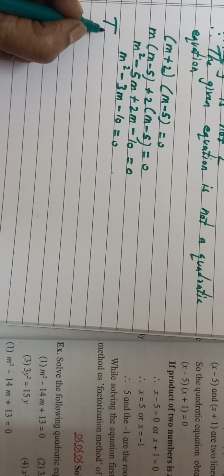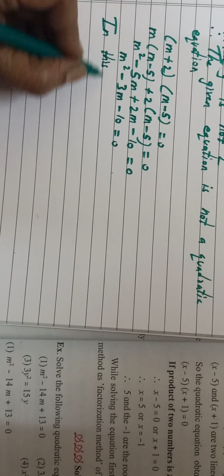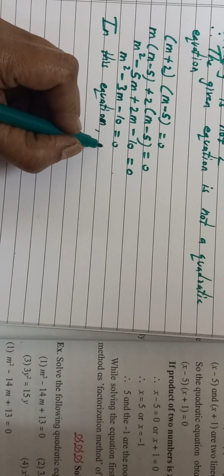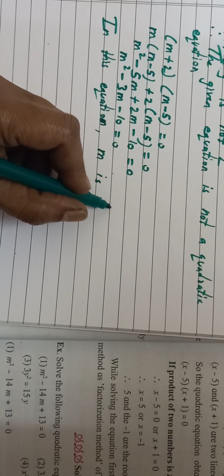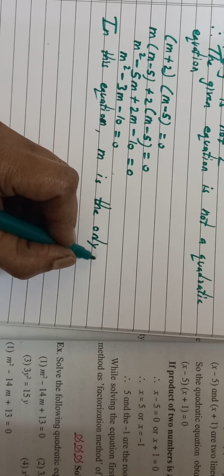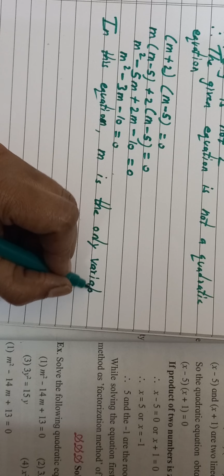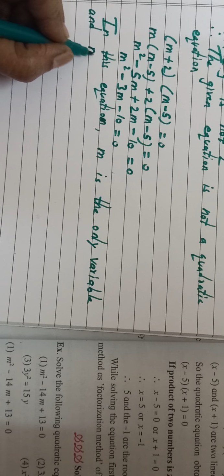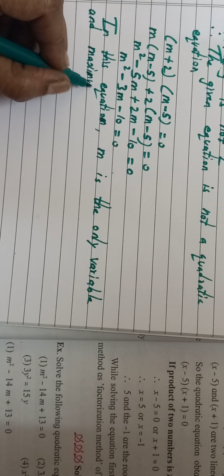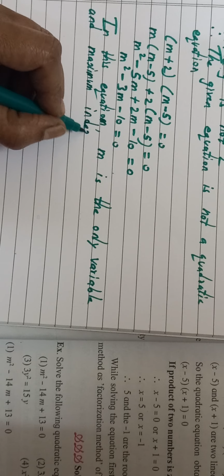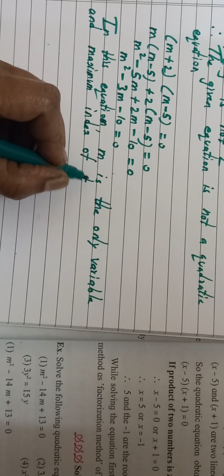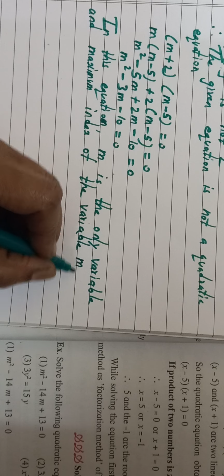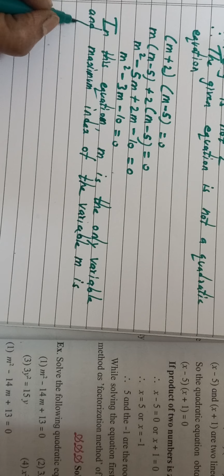So while writing, we'll write in this equation m is the only variable and maximum index of the variable m is 2.